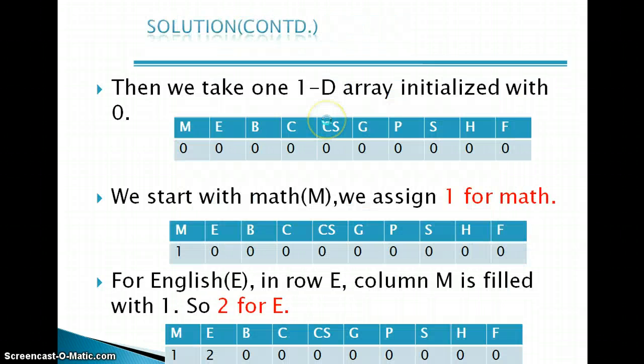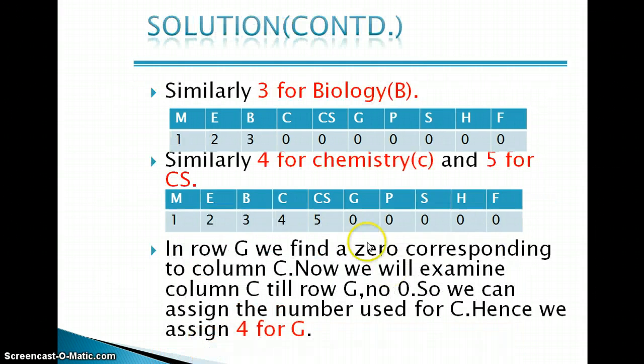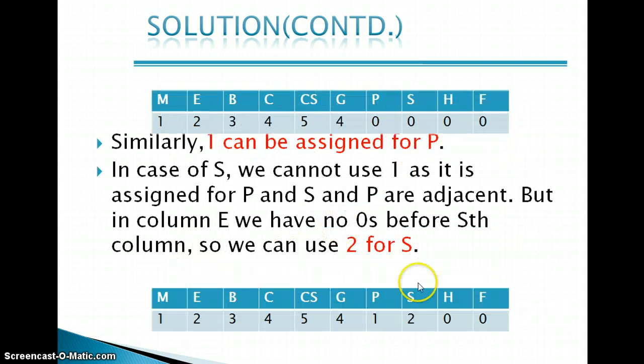So for math, we first take the subject math, then English. English cannot be in the same slot, so the number of days required is 2. Then 3 for biology, because biology is also in the same combination. 4 for chemistry, 5 for computer science, and then 6 for the next. Why is geography 4?